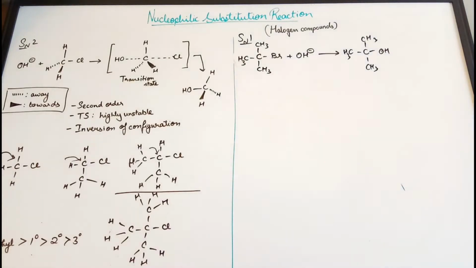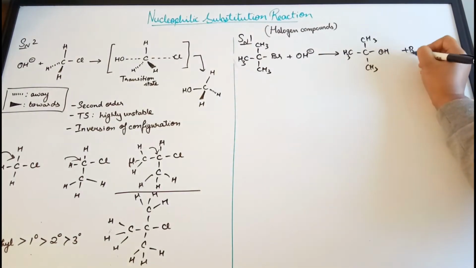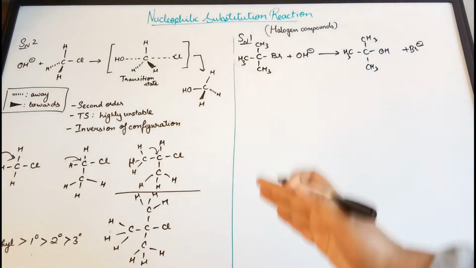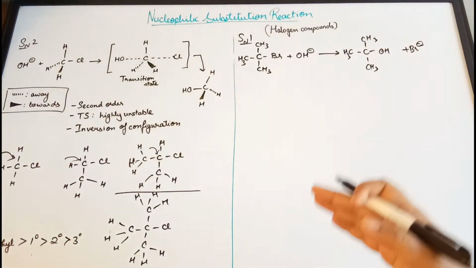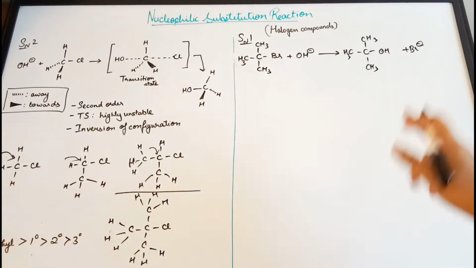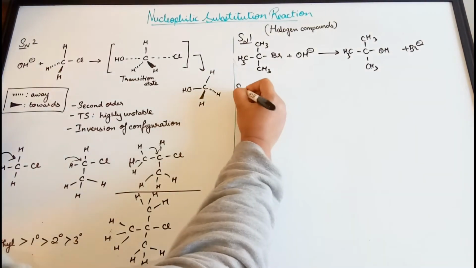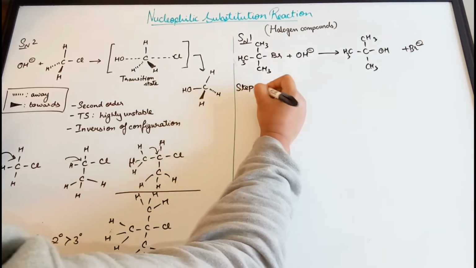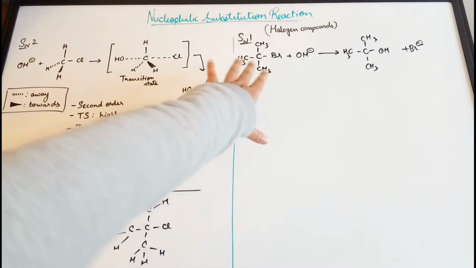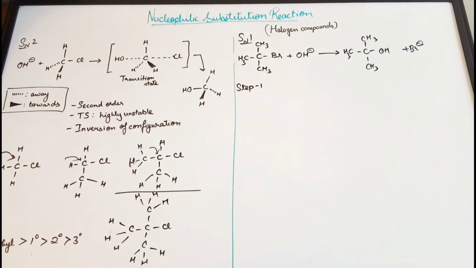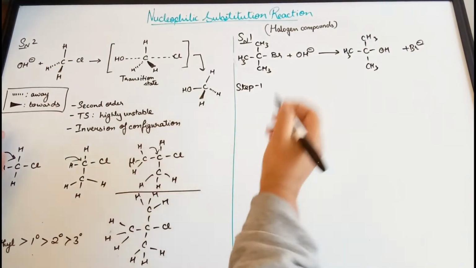Now, unlike our previous case where you had the transition state forming in between, this reaction occurs in 2 steps. The first step is going to be the formation of a carbocation, and this is because we know that the C-Br bond is actually quite polar in nature.